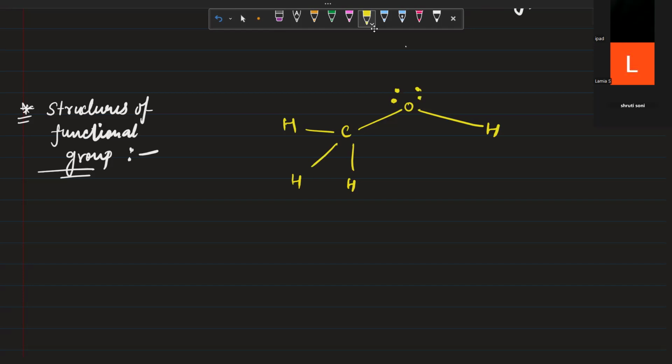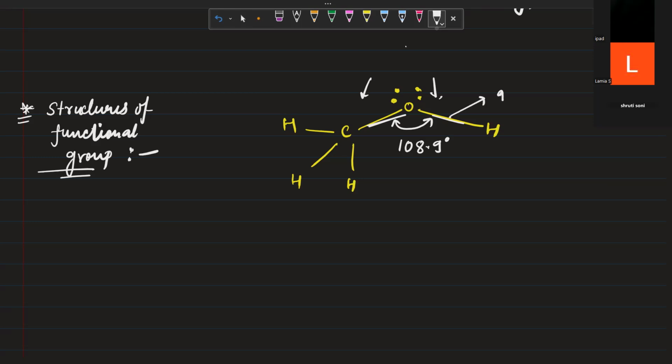Just because of the two lone pairs, this bond is tilted, because the lone pairs repel each other. Now you need to know the bond angle between these two bonds. You can write down 108.9 degrees. And one more thing, the bond length.